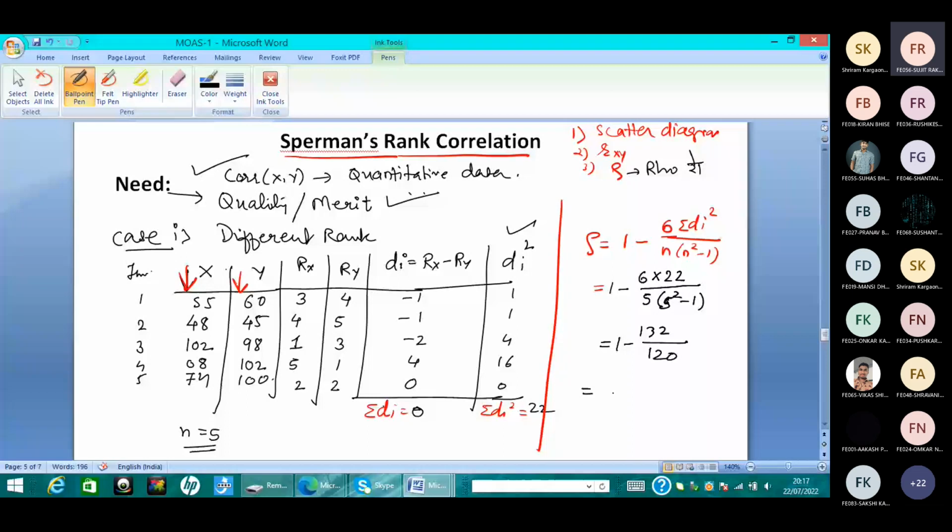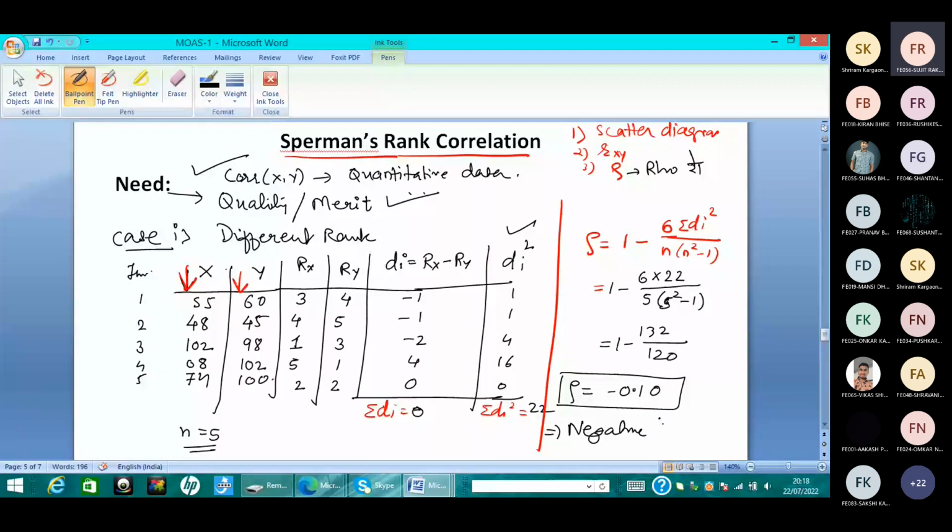Okay. And now again, you interpret here. What do you interpret? There is a negative correlation between the runs scored by both the batsmen in 5 innings. Or simply you write there is a negative correlation, that is enough, but your interpretation is important.